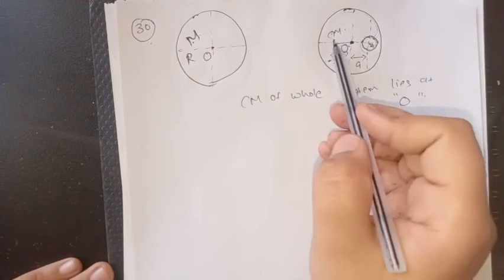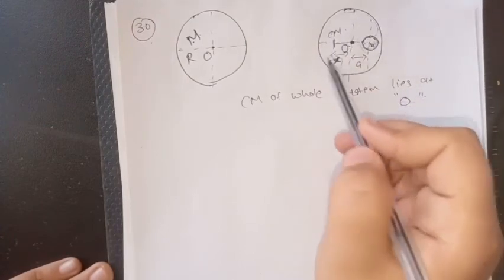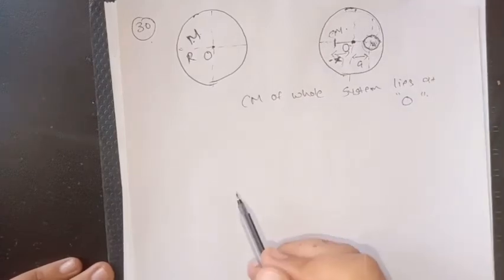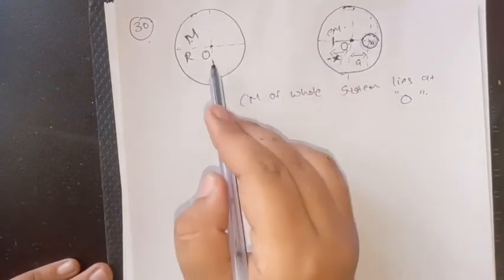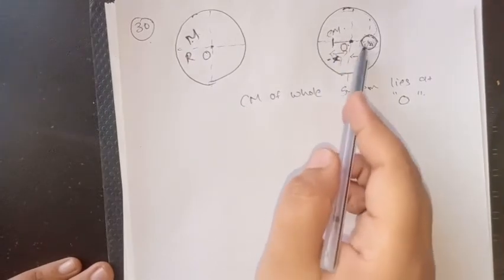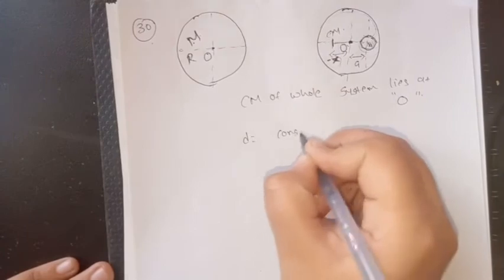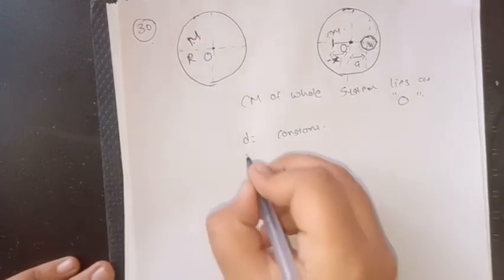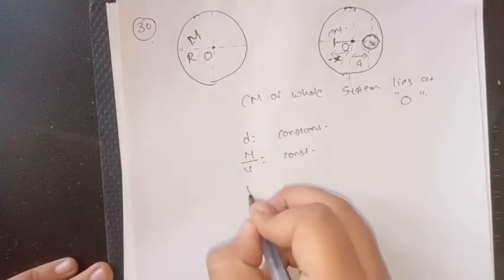Now first we have to know the mass of this cut portion and mass of this remaining portion. For that we will use the concept of density. Here density of all three portions are same, so density is equal to constant. So we can write mass upon volume is equal to constant.